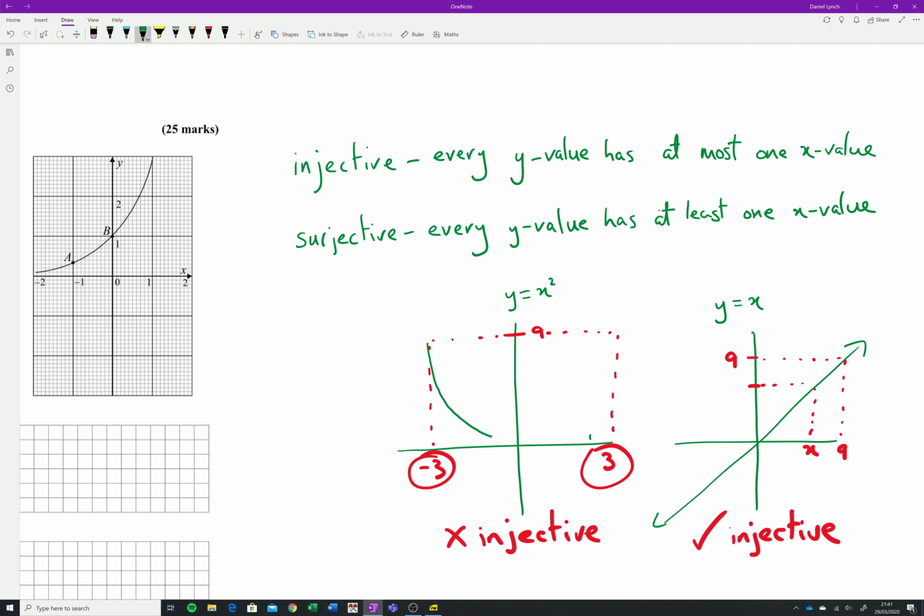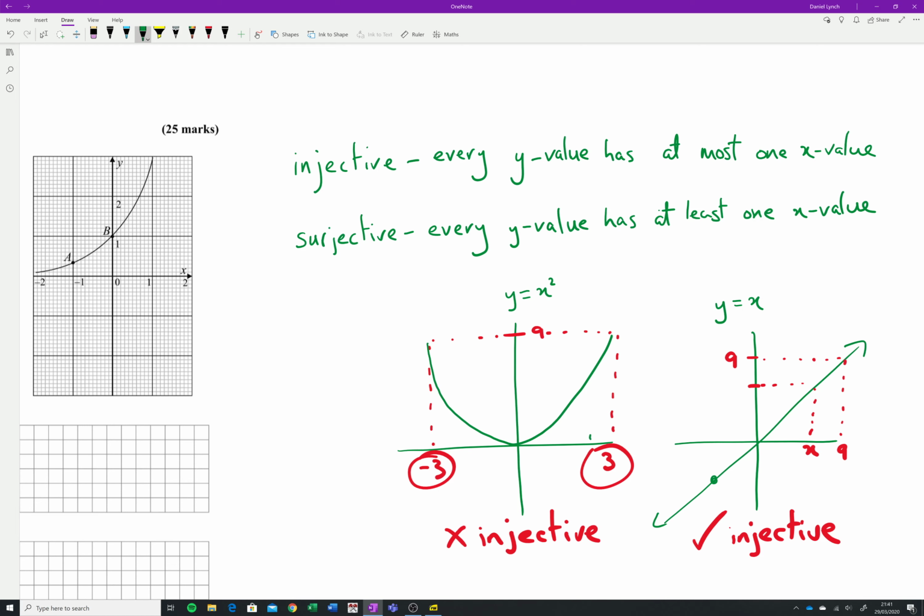I've lost my function, but it looks something like that. Whereas over here, if we drew a horizontal line, it's only going to hit our graph once. It's fine to not hit it at all; you'd still be injective. But if there's anywhere where you can draw a line and hit the function twice, then it is not injective.